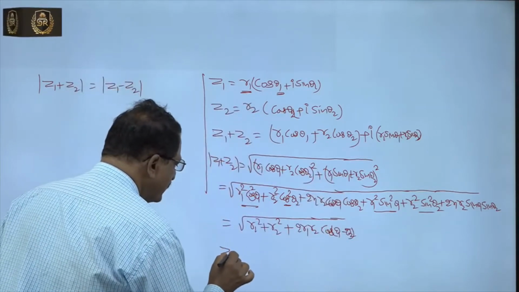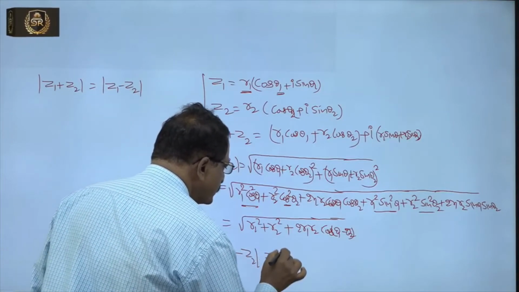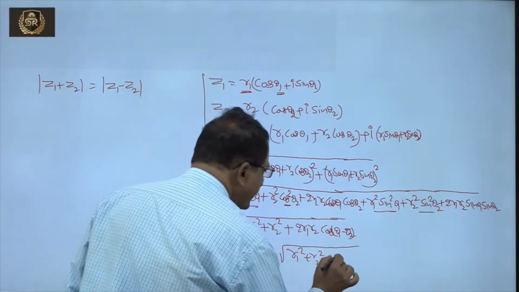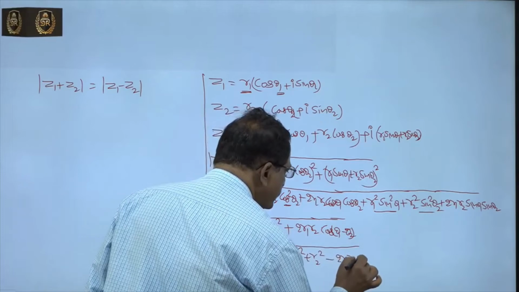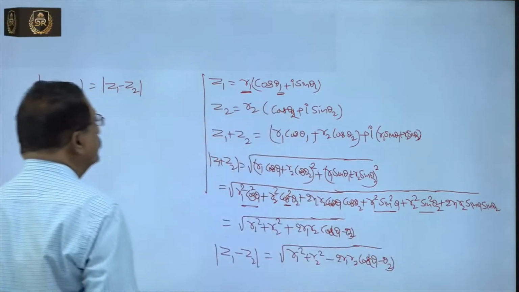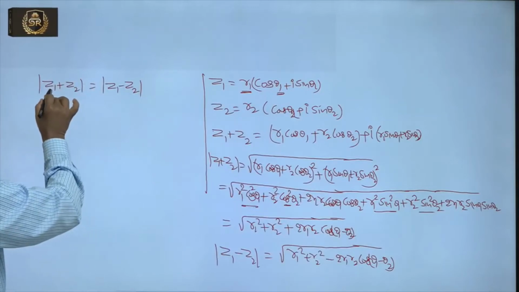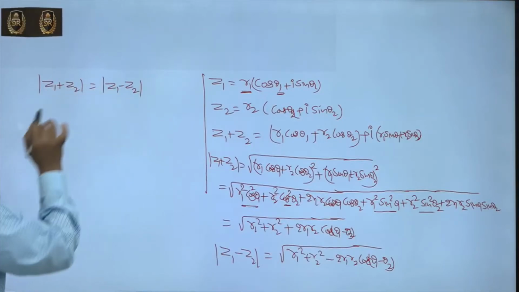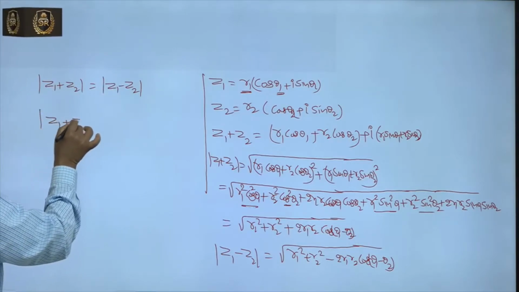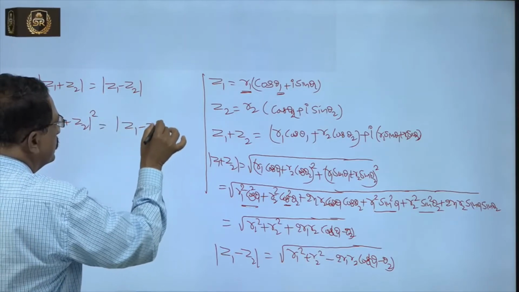Similarly we get mod of z1 minus z2 equals the square root of r1 square plus r2 square minus 2 r1 r2 cos of theta 1 minus theta 2. Okay. Now here mod of z1 plus z2 equals mod of z1 minus z2, given. Squaring on both sides, mod of z1 plus z2 whole square equals mod of z1 minus z2 whole square.